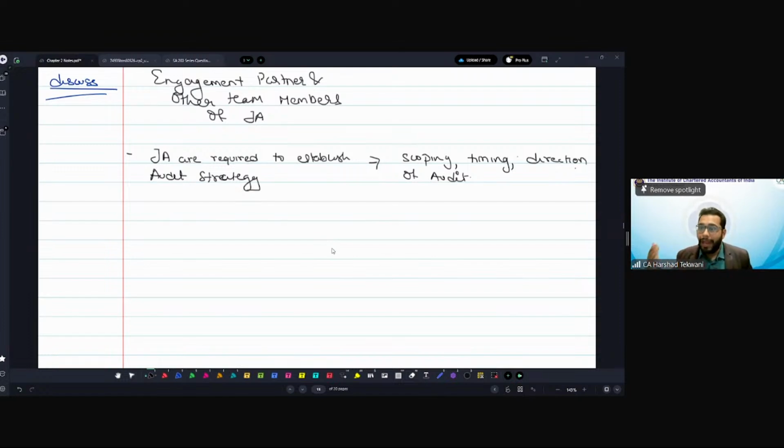So we will do an analysis of our IT controls, IT environment, and accordingly we will assess what additional work is required in order to obtain sufficient and appropriate audit evidence. So if you see, one is saying we will not look into IT, another is saying we will look into the IT.